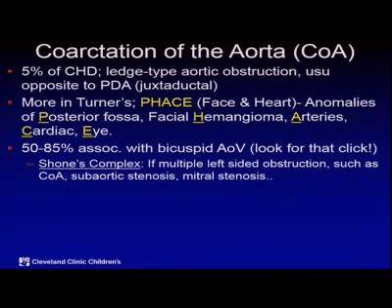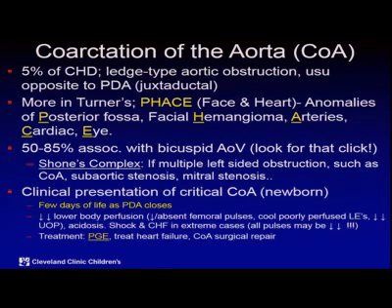Most of them are associated with the bicuspid aortic valve, so look for that click. If you have multiple obstructions on the left side, so coarctation, bicuspid aortic valve, mitral stenosis, etc., we call these Shone's complex. The clinical presentation would depend. They'll either present in the newborn period or they can present later on in life.